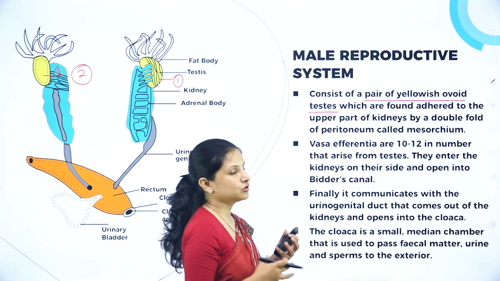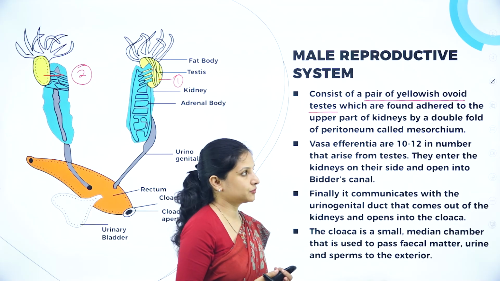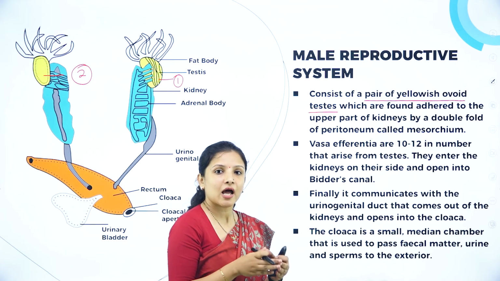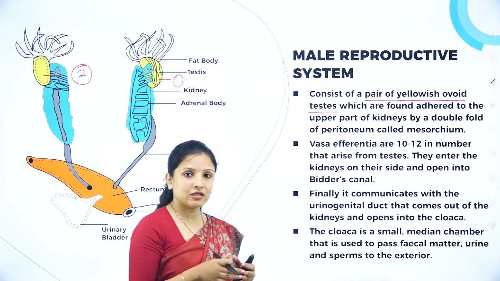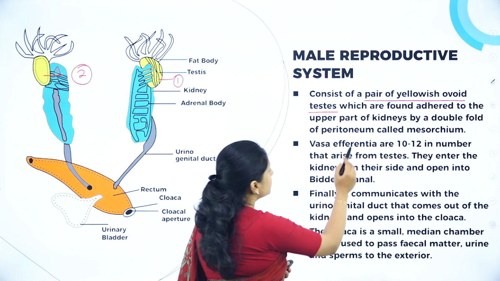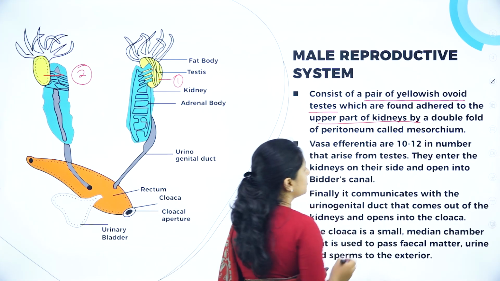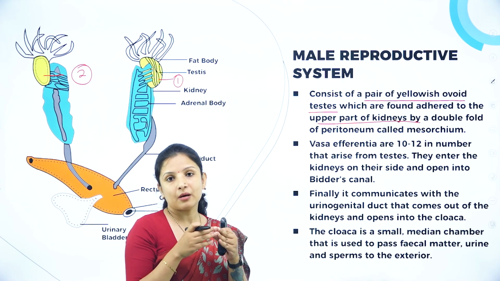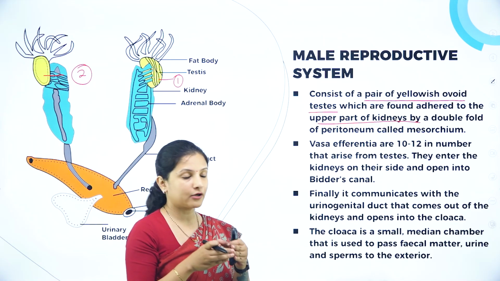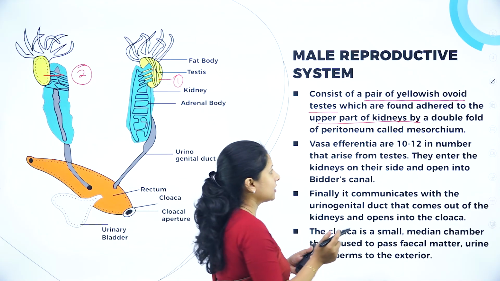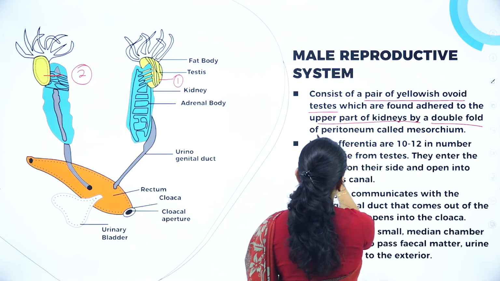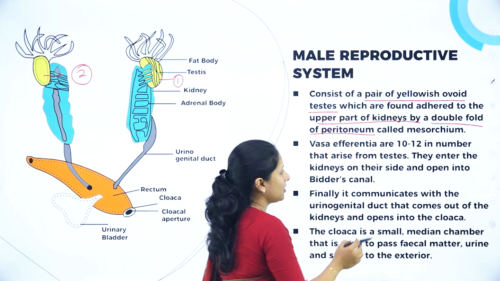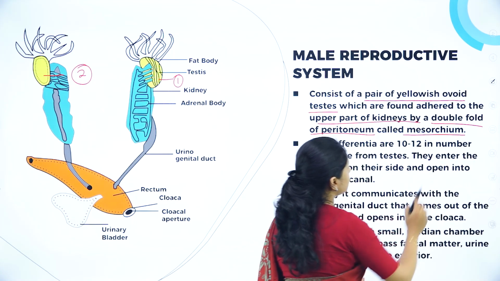And where exactly is this testis present? It is attached, adhering or sticking to the upper part of the kidney. Now how do they adhere or come in contact with the upper part of the kidney? It is by a double folded peritoneum, which is a membrane, and that membrane is called the mesorchium.